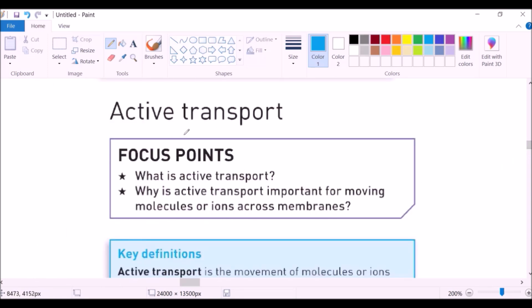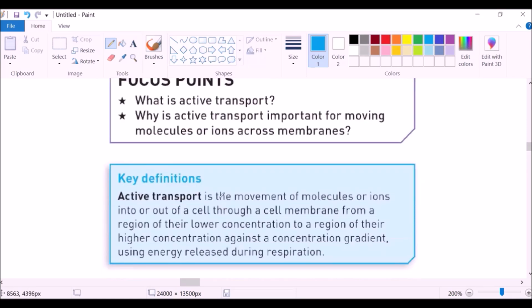Now we move to active transport. Active transport is the movement of molecules or ions into or out of a cell through a cell membrane from a region of their lower concentration to a region of their higher concentration, against a concentration gradient, using energy released during respiration.